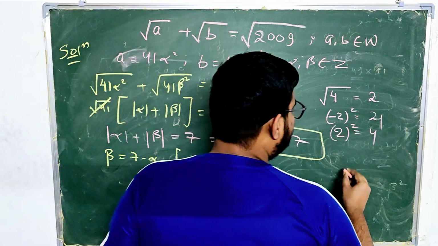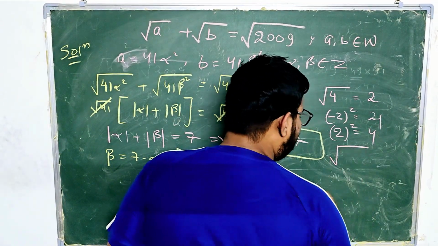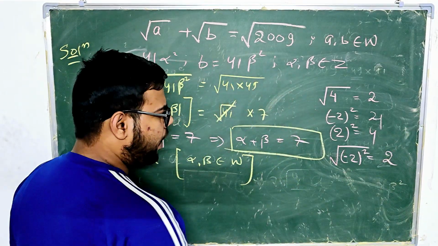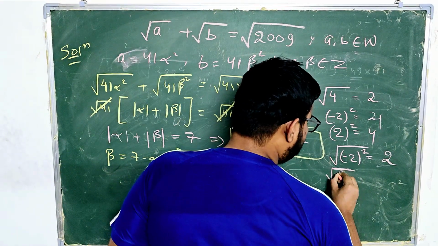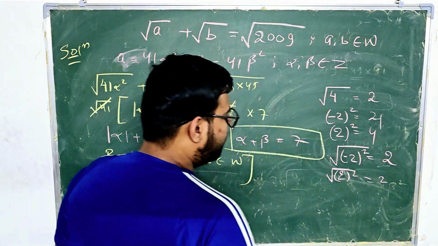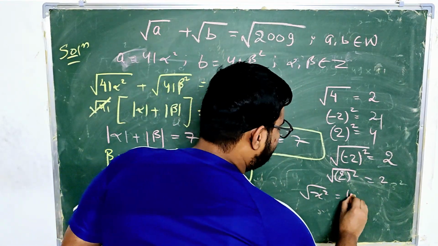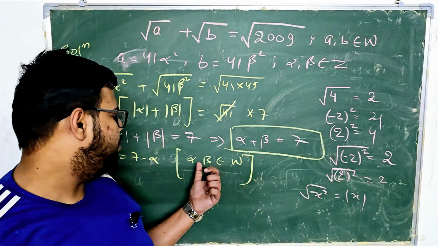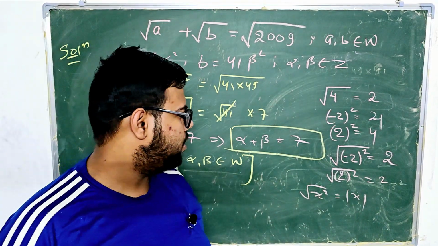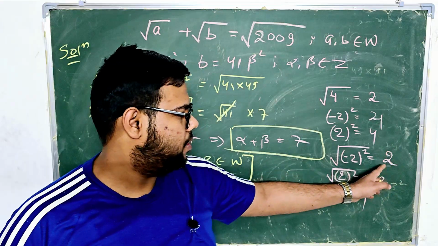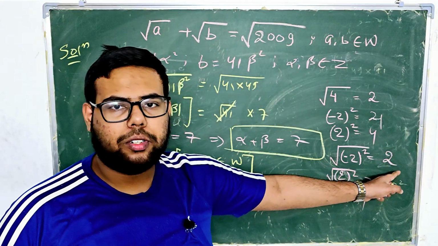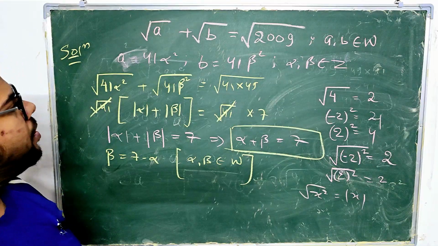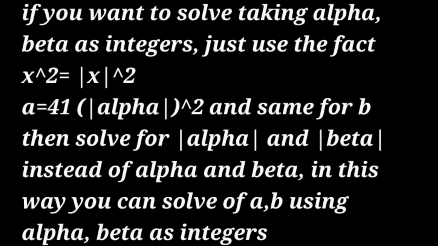So it means that square root of negative 2 whole square is equal to 2, and square root of 2 square is again equal to 2, because square root of x square is modulus of x. So instead of considering all these things, we can simply assume that alpha and beta belong to whole numbers, because at last we are getting this expression only as a positive value. So let's assume alpha and beta as whole numbers. Okay, so let's erase this.